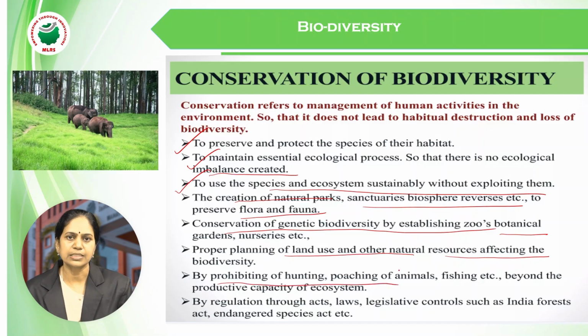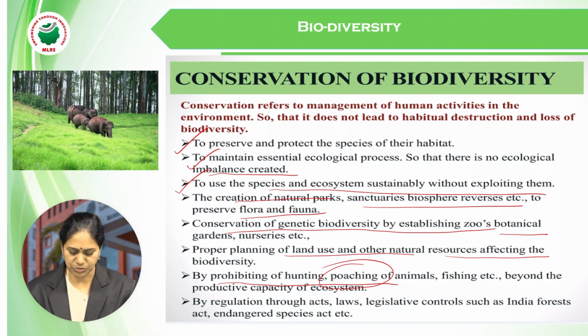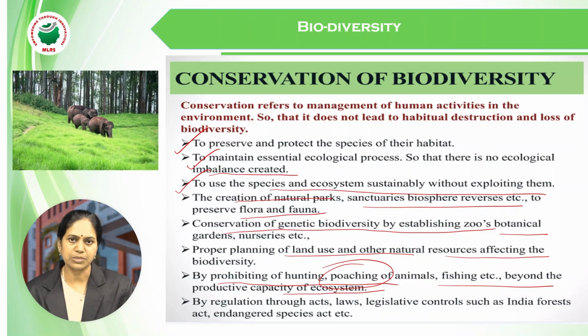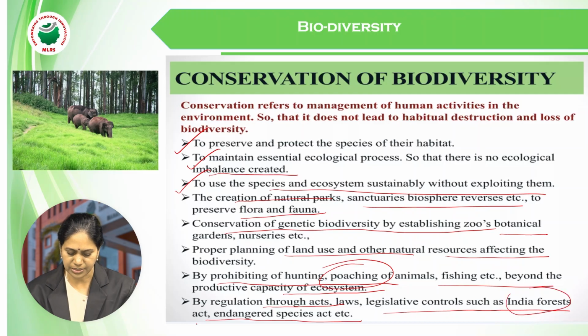By prohibiting hunting and poaching of animals. Poaching means smuggling of animal products. So by prohibiting hunting, poaching, fishing, etc., beyond the productive capacity of the ecosystem, over exploitation of resources is prevented. Next, regulation through laws, acts and legislative controls such as India's Forest Act, Endangered Species Act, and the Forest Conservation Act.